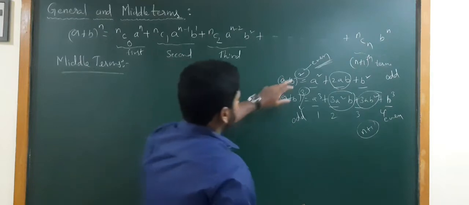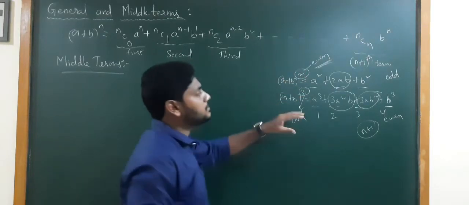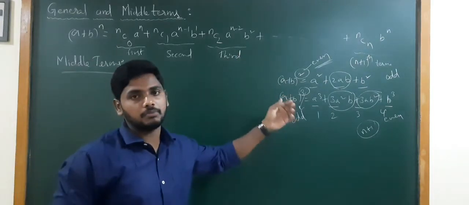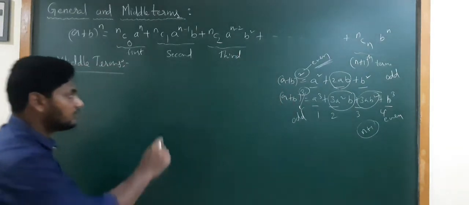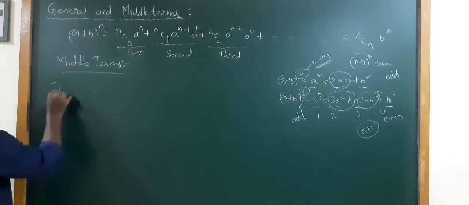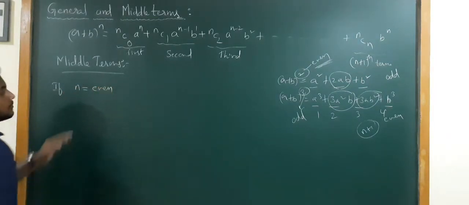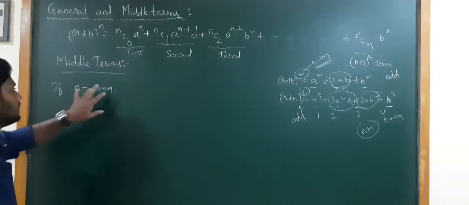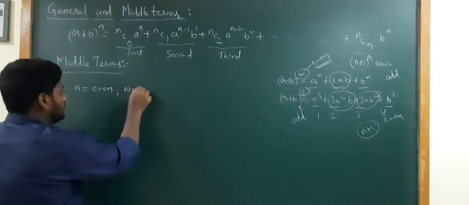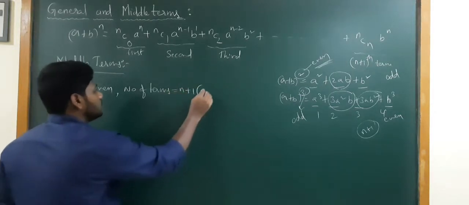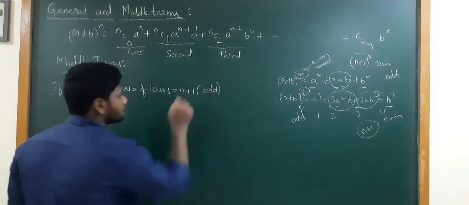For small numbers like 2 and 3, we can easily identify them. But what about (a + b) power 10, (a + b) power 20, 25 and like that? For that we have a formula. Here n is the index. If n is even, the number of terms is n plus 1, which is odd.